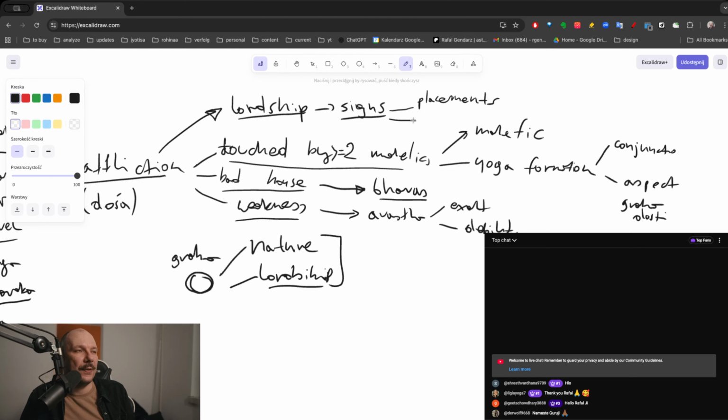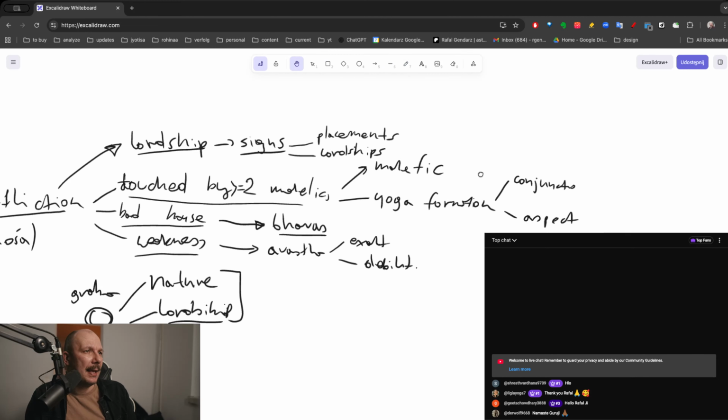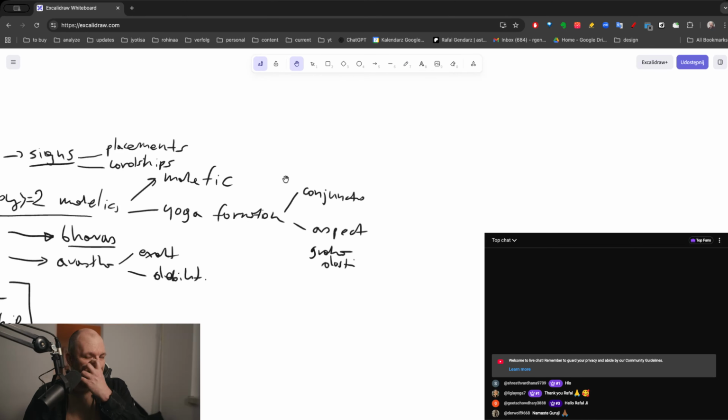And then, if you already know, you need to understand the lordship, so which planets are lording those signs. This is quite important.